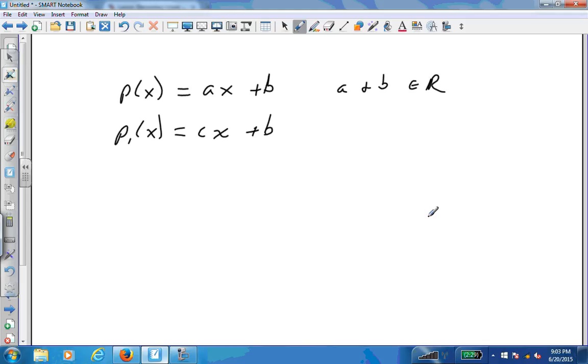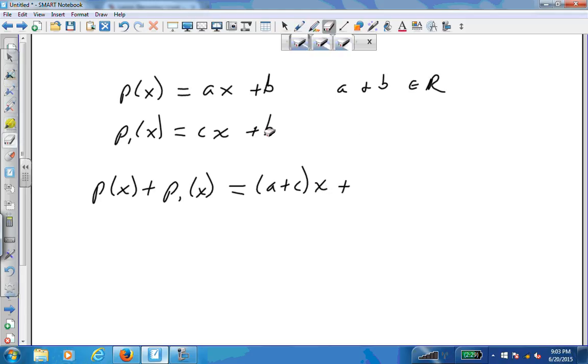And let's think about, well, if we add these two together, will they always be a linear polynomial? So if we added these two together, we would have a plus c times x, and this doesn't need to be the same letter.